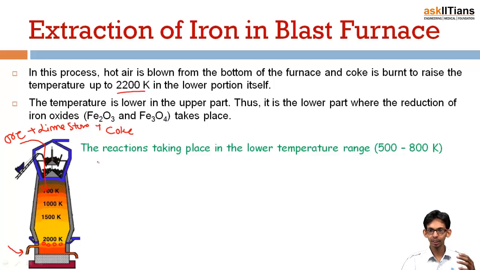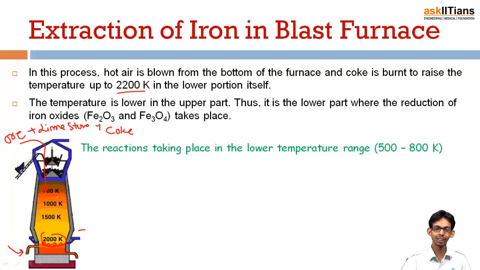There is an order of temperature. The temperature is very high at the bottom, and then it keeps on decreasing to 2000 Kelvin, then 1500, then 1000, then 500 Kelvin. So there is a regular pattern of temperature, and different types of reactions take place in different zones of the blast furnace.